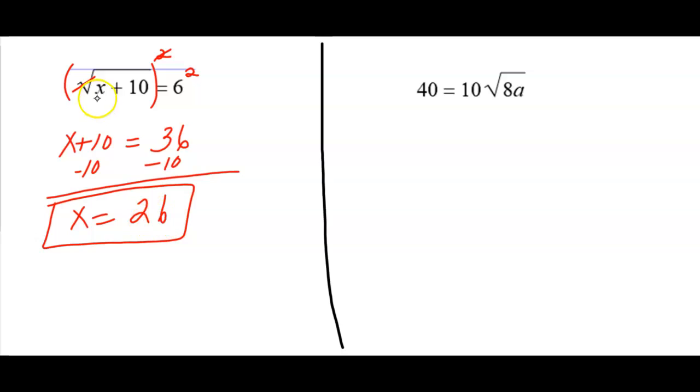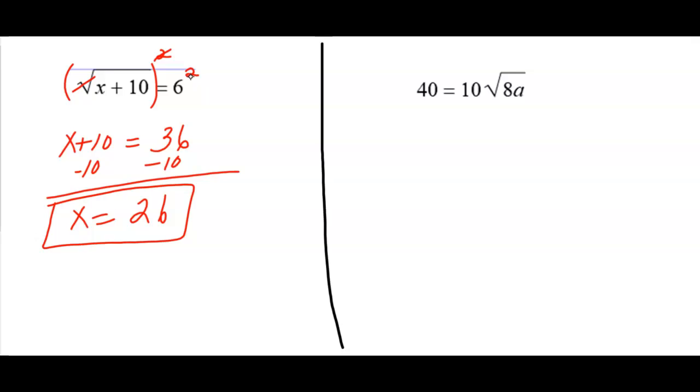If you put 26 back in, 26 plus 10 is 36. The square root of 36 is 6, which gives us a true statement. It's not really going to apply to these ones whenever you're squaring a number, but if you end up squaring a variable, which we're going to do in a couple minutes, that's when those extraneous solutions will come into play.